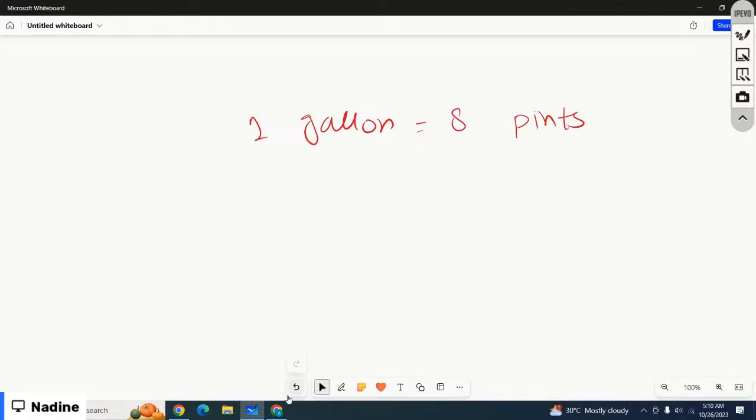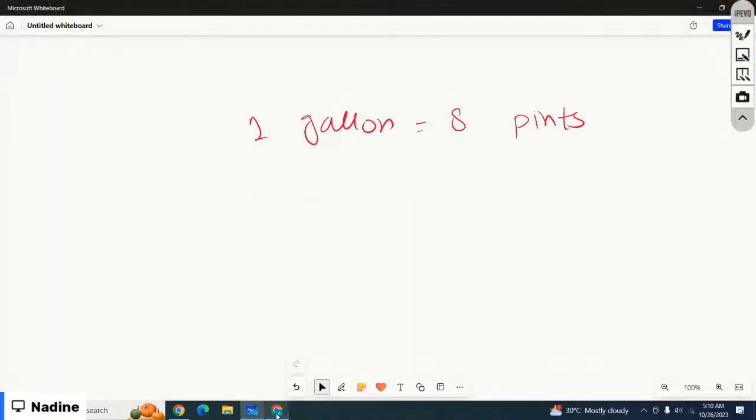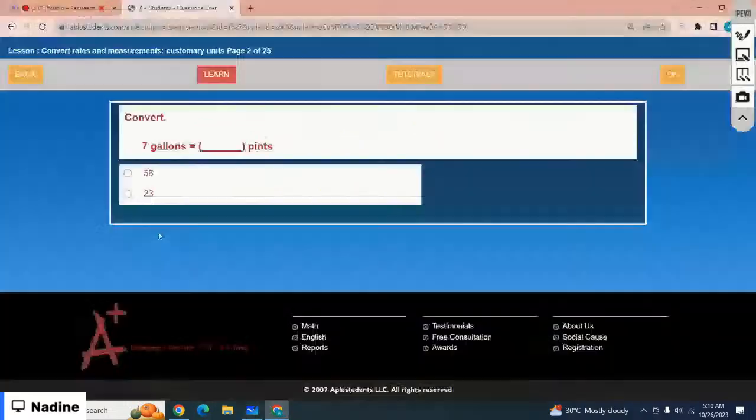Here you are given 7 gallons. You need to see in 7 gallons how many pints you have. So 7 gallons equal 7 times 8, which equals 56 pints. The correct option is 56. Got it?